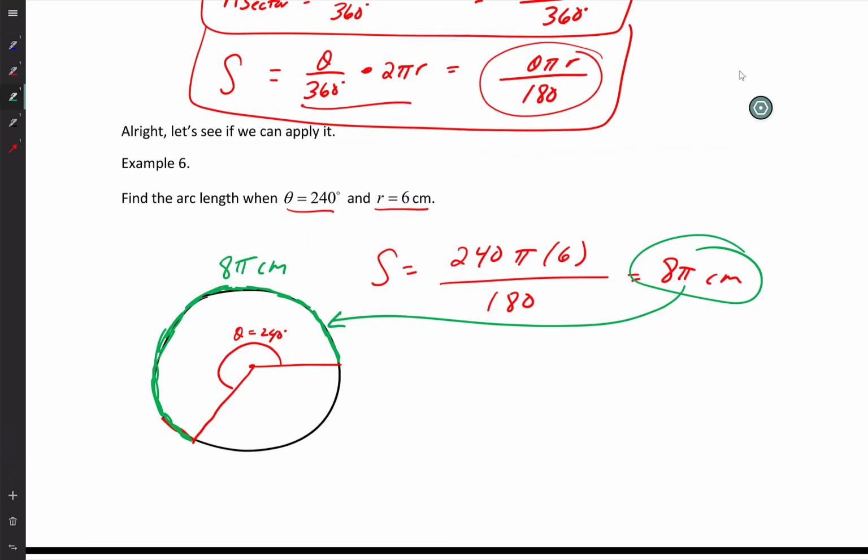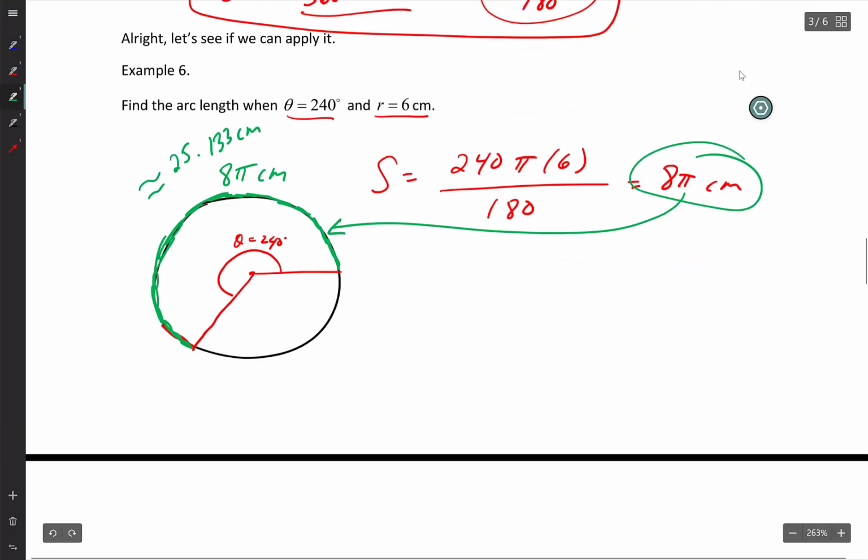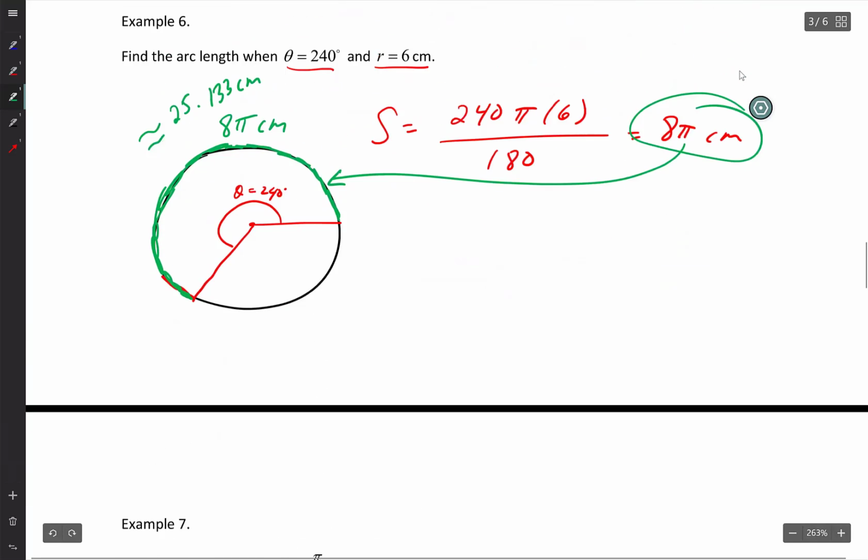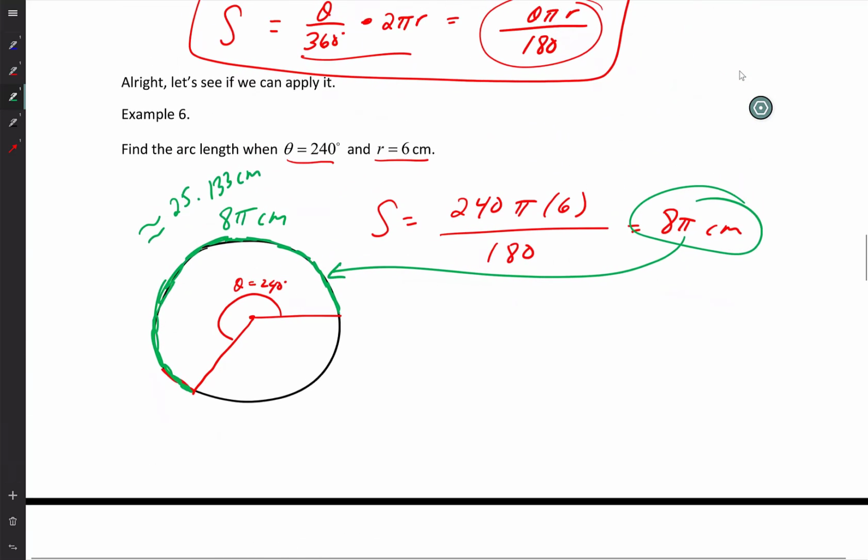That is 8 pi centimeters. If you want to know what 8 pi is, just go 8 times 3.14, and that will tell you it's about 25.133 centimeters. And there it is, guys. Pretty straightforward, nothing crazy. Did the visual help or did the visual not help?